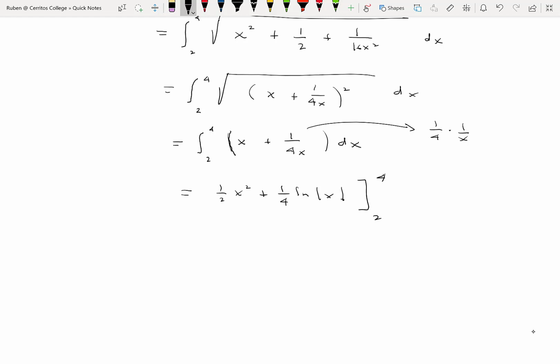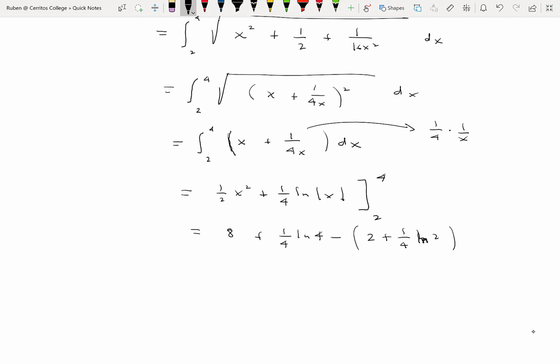So let's get a number out of this. Let's substitute the upper limit of integration. We're using the fundamental theorem here now. 4 squared is 16, half of 16 is 8, so plus 1/4 log of 4. Minus, at the lower limit, x squared is 2 squared or 4, half of 4 is 2, and then plus 1/4 times the natural log of 2.